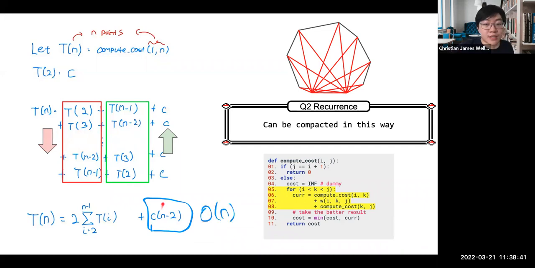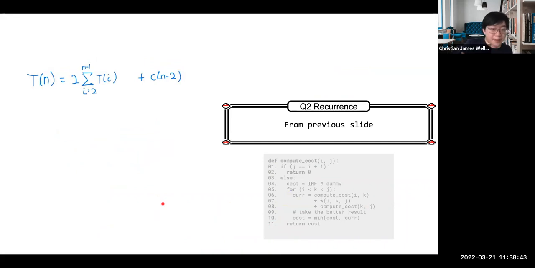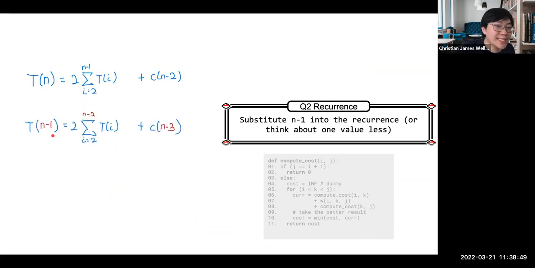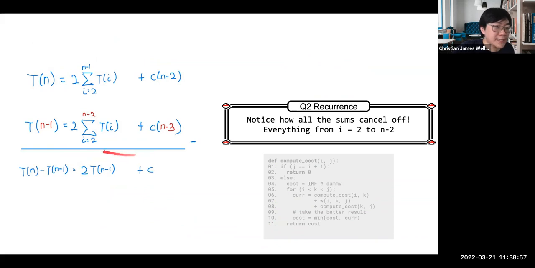This is from the previous slide. Here I'm going to do something interesting. A trick to do is you consider Tn minus 1 instead, and then you do a subtraction. How does this visually look?